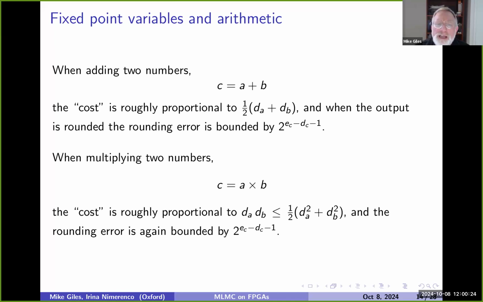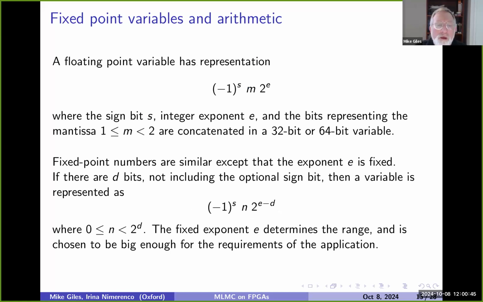And there is a limited amount of literature based around using this cost. And then when you calculate the answer, you then round it to the nearest number that can be represented. And that rounding error, well, if I go back to the previous slide, I said here that n has to be an integer.